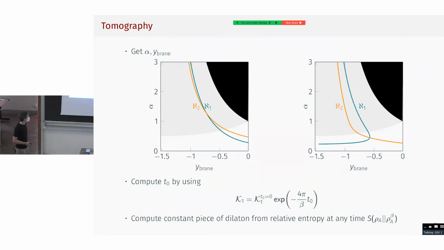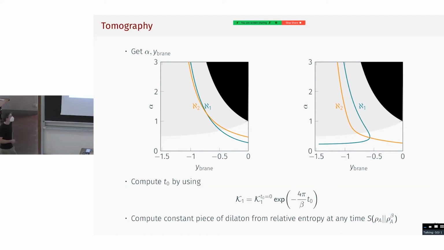Now, once you have alpha and y brane, you can get the parameter T0 by realizing that whatever your first coefficient in the asymptotic expansion of the entanglement velocity is, it's just related to an expression you can explicitly compute times this exponential of T0. So you can solve this for T0. And then the last thing you're left with is the constant piece of the dilaton.